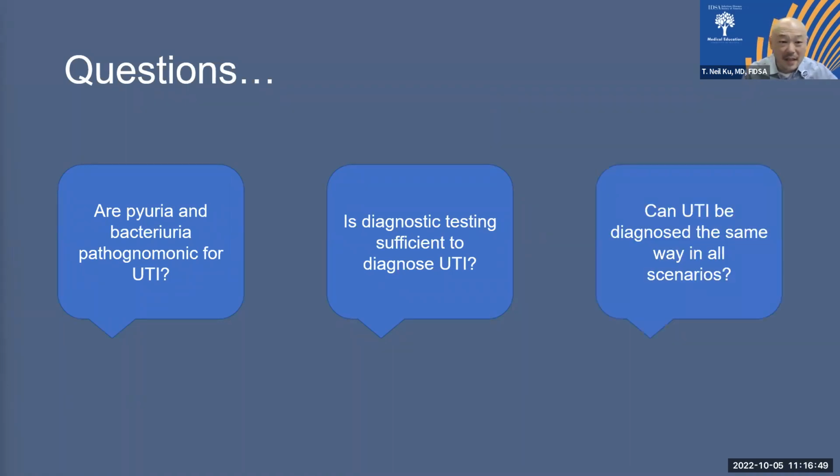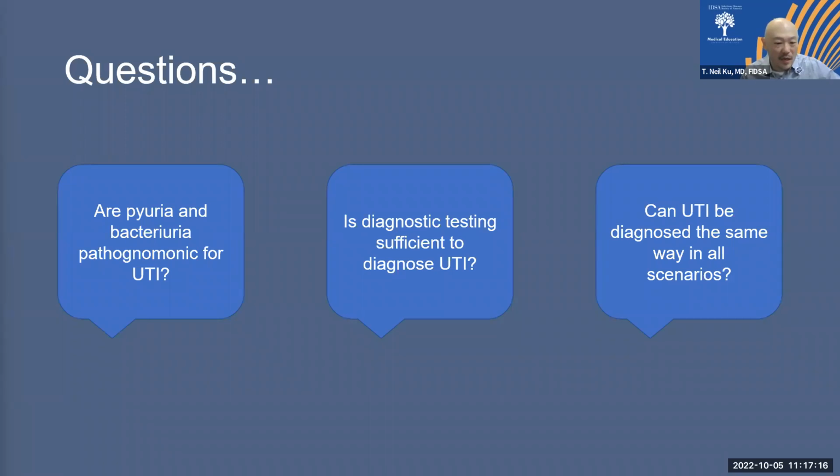And finally, can UTIs be diagnosed the same way in all scenarios? Can we diagnose UTIs the same way between women and men? Between someone with a catheter and someone with no catheter? And in certain age groups? There are all these different scenarios, as you can see from the previous table.